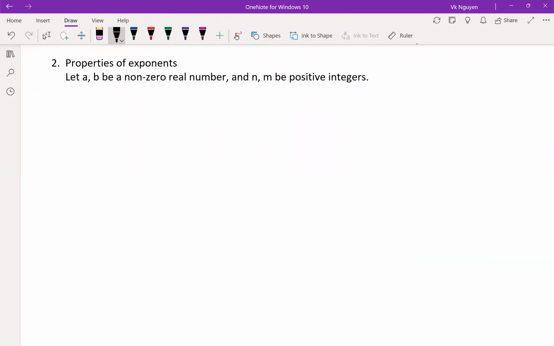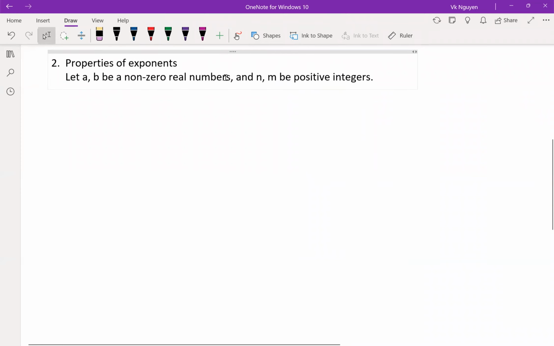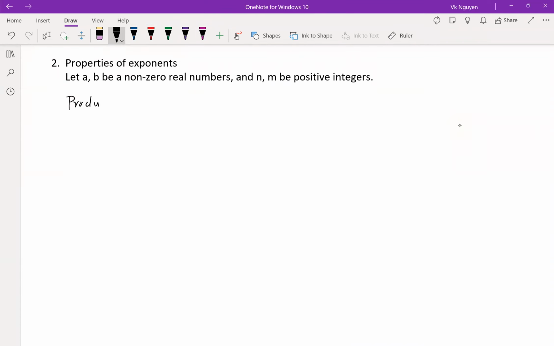Two properties of exponent. Let a be a non-zero real number and n be a positive integer. Then we have the following properties. Product rule: a to the n times a to the m is a to the n plus m.